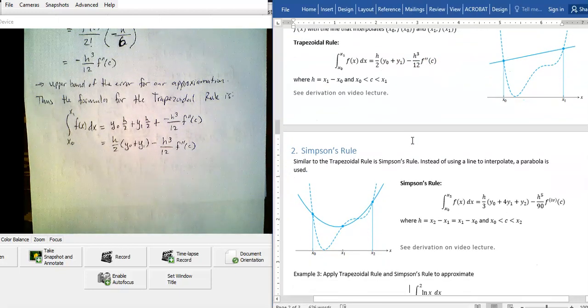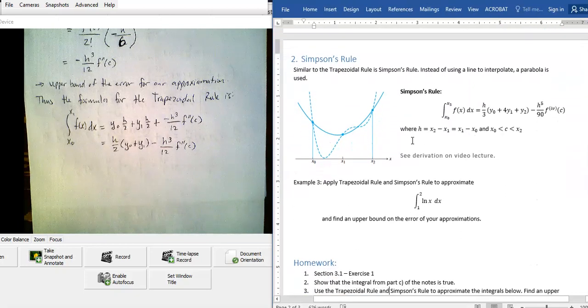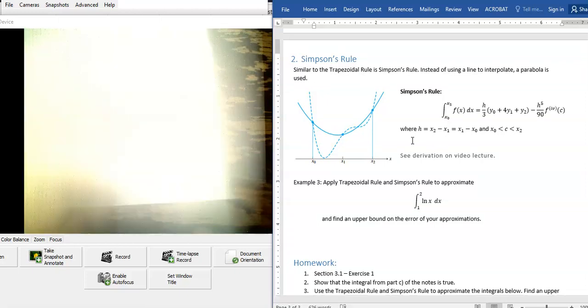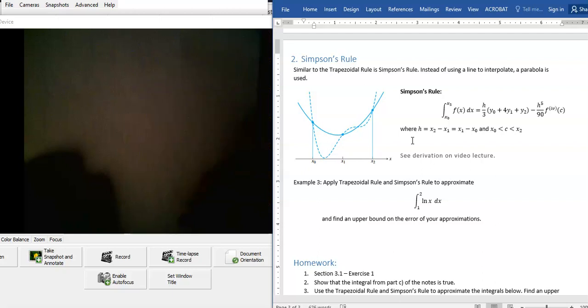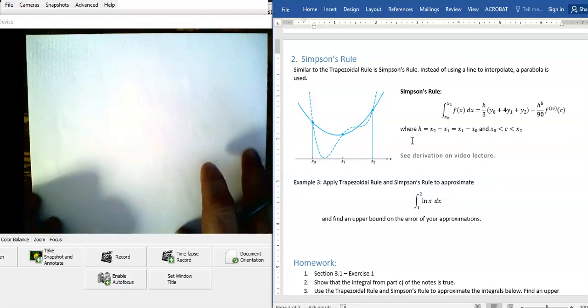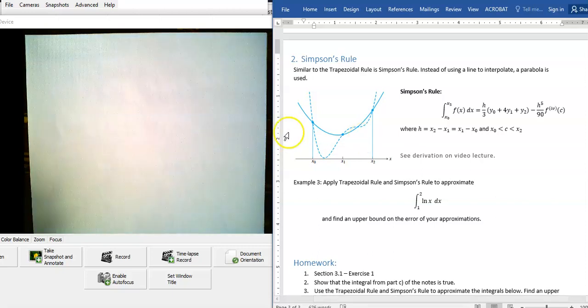Let's look at Simpson's rule. We can do this in a similar fashion, except we use a degree 2 polynomial to do the interpolation. In the trapezoidal rule, we use a line between 2 points. In Simpson's rule, instead of using that line, we use a parabola, a second degree polynomial.